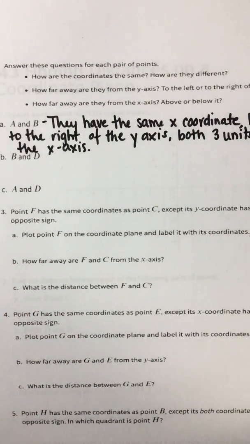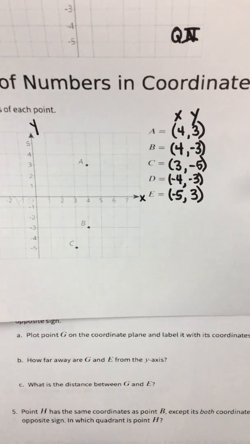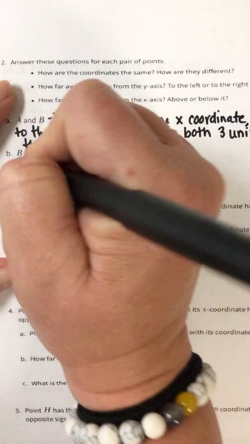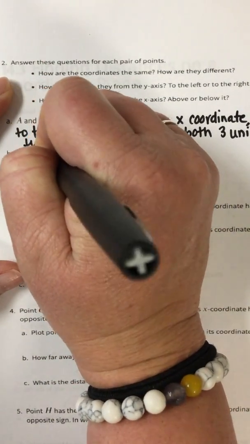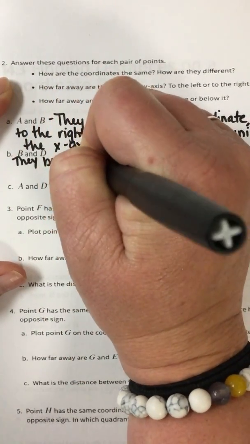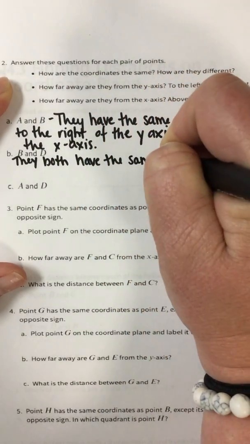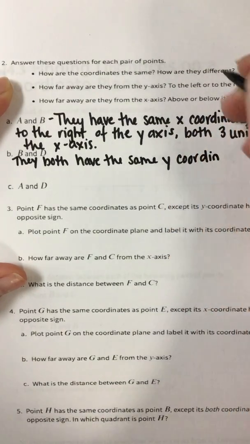So now they're comparing B and D. Look at B, we have 4, -3, and then we have D, -4, -3. So with this one, they both have the same y coordinate this time, because both of them are -3.